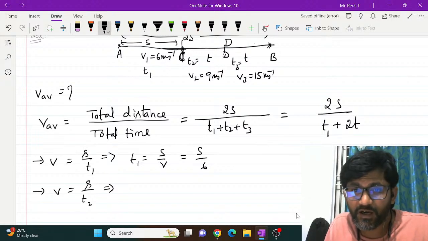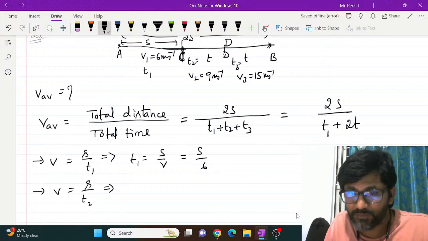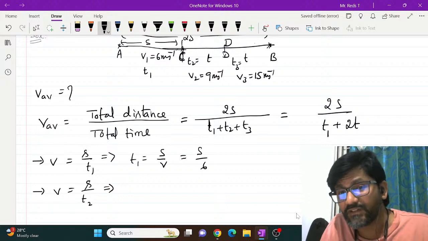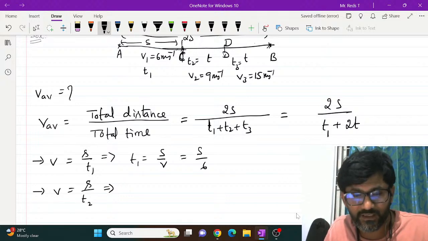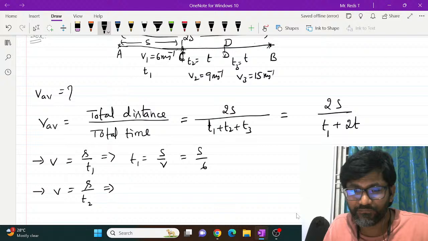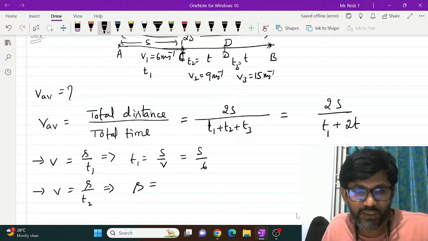So the entire remaining half distance, that is from C to B, is equal distance. It has taken two equal intervals, t plus t, 2t, right? But with different speeds it has traveled. So that relation between, here s is equal to v into T2.